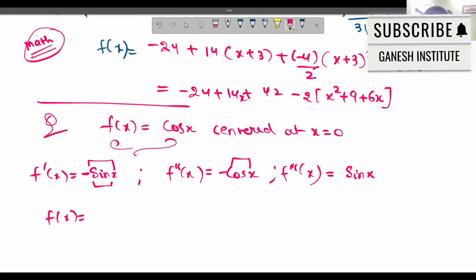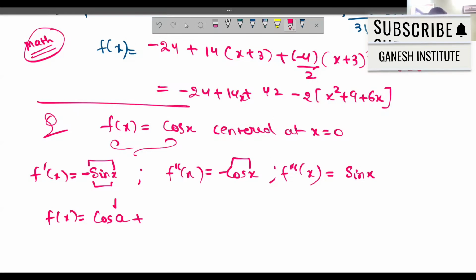So the Taylor expansion would be f x equals f a, that is cos a, plus f dash a, which would be minus sin a.